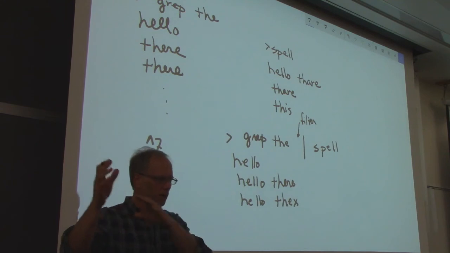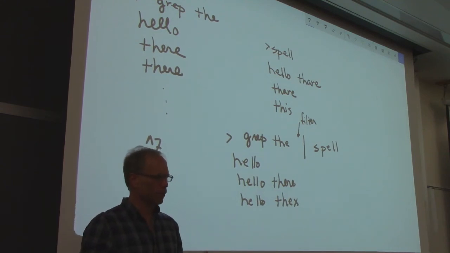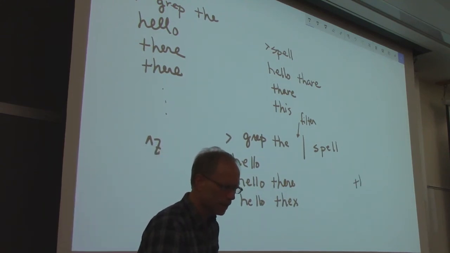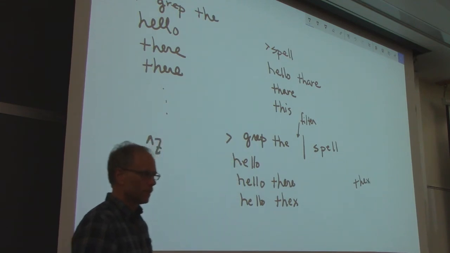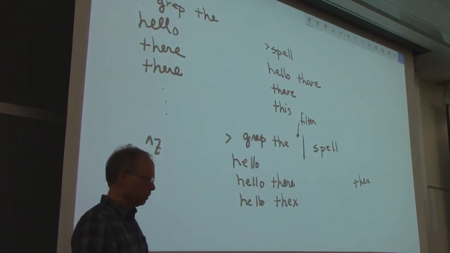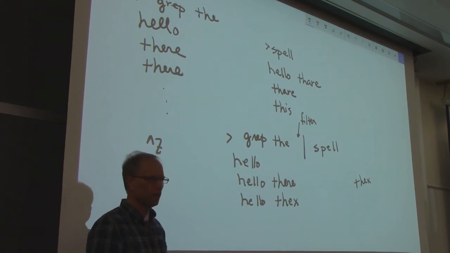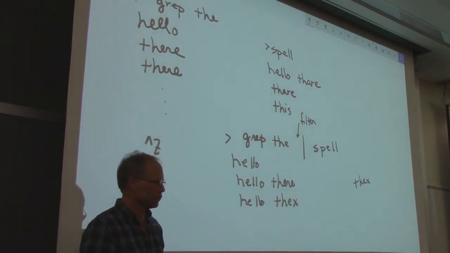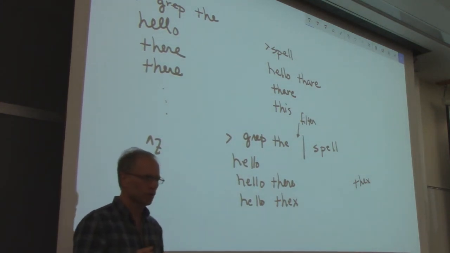That line is then sucked in by spell, and it will output vex, so the output would be vex. And we could keep interacting this way until we hit Control-Z, Control-D, depending on what you're using. Okay, so this is an old-style pipe and filter architecture.